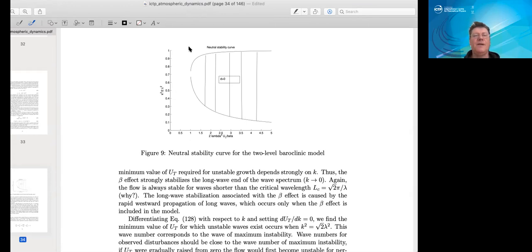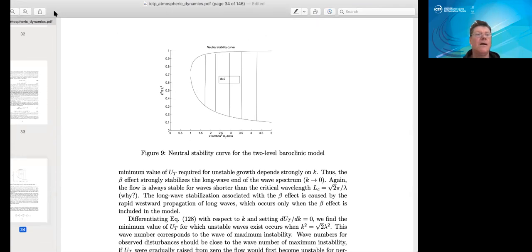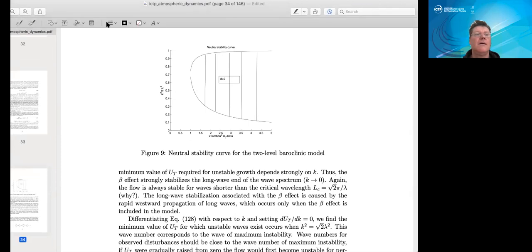And there's a point where we can just touch, so the line is not very straight, where we can just touch this unstable region. So we increase instability until we touch this curve here.